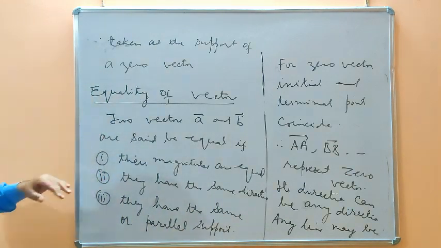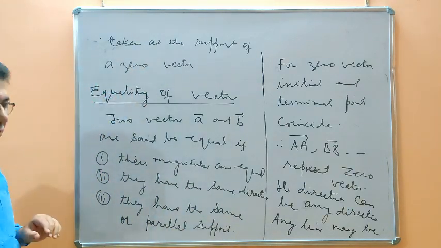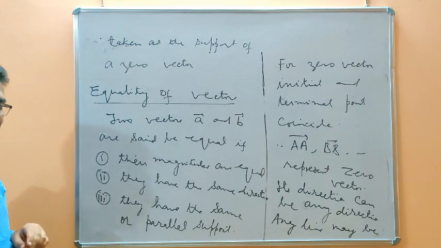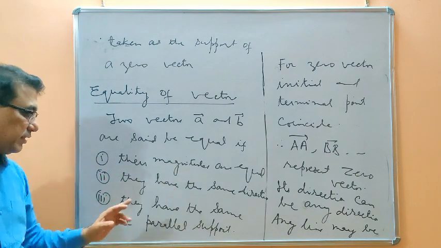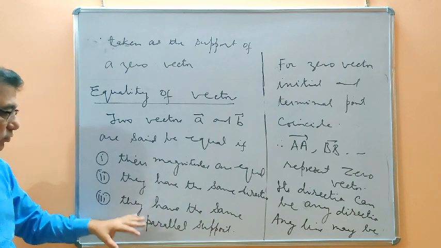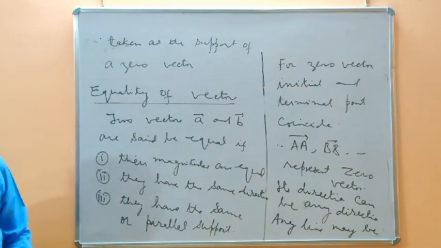Okay, so again we have discussed this definition in terms of three characteristics of vector, in terms of magnitude, direction and as well as support. Okay, so I will explain what is the meaning of all these three.